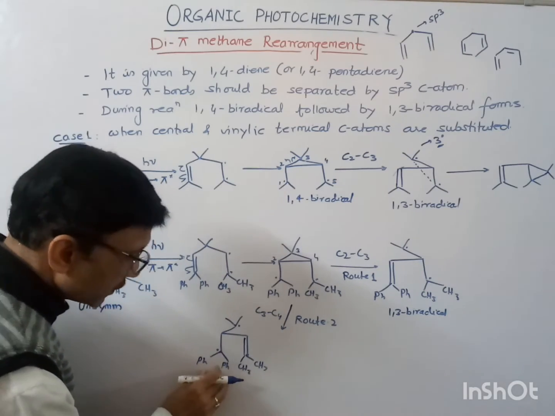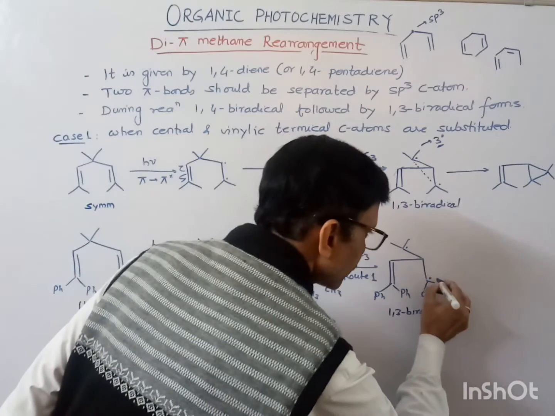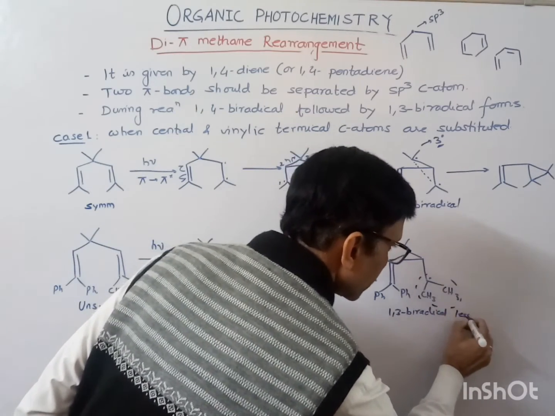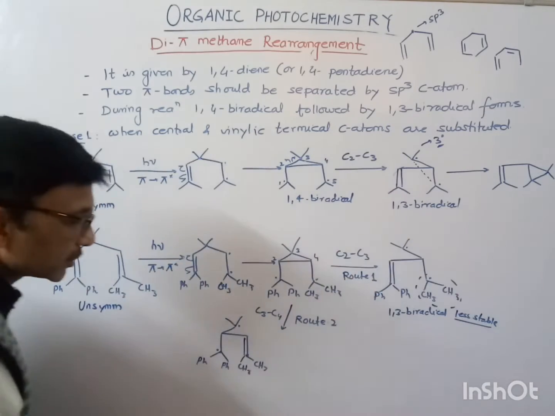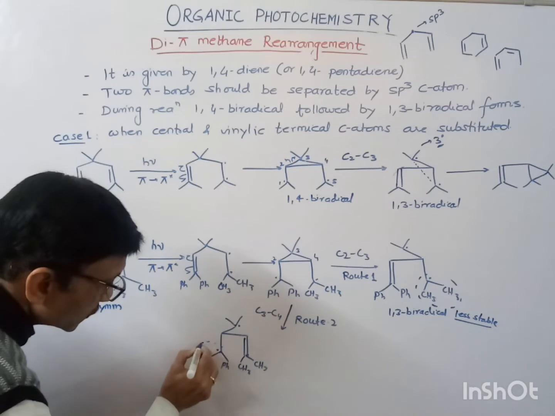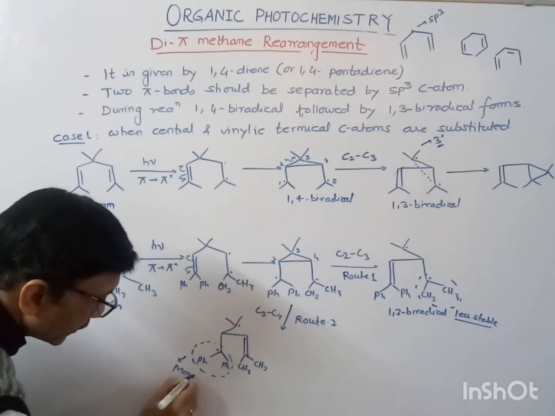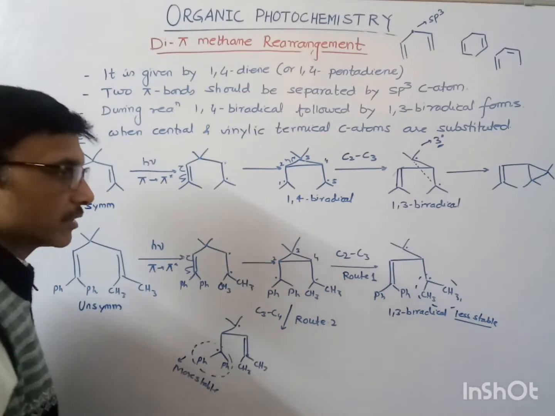So this is giving you the more stable radical. This is less stable, and this is less stable. Here the new tertiary radical is formed. This is the more stable one. So this route is the good route.